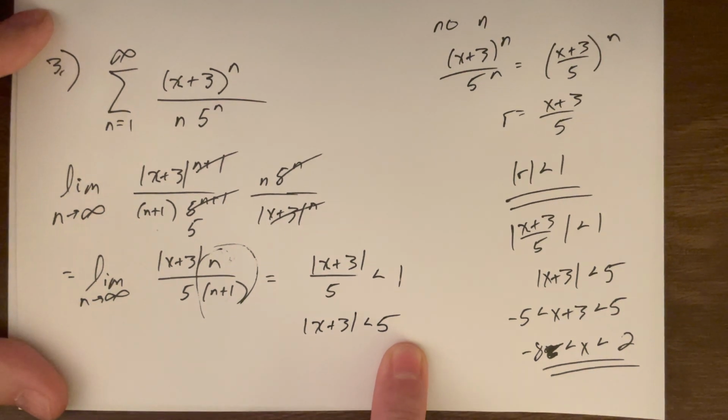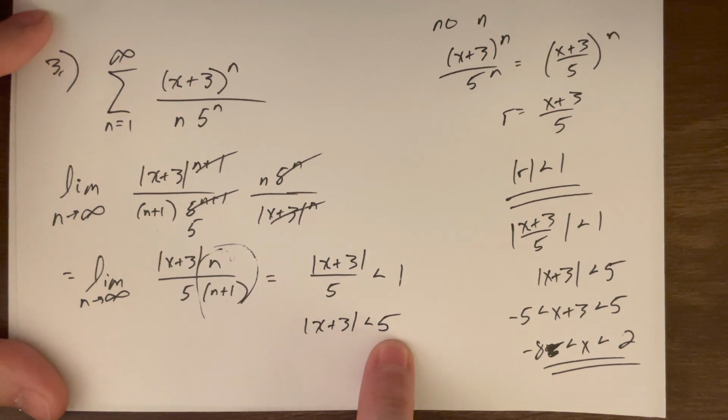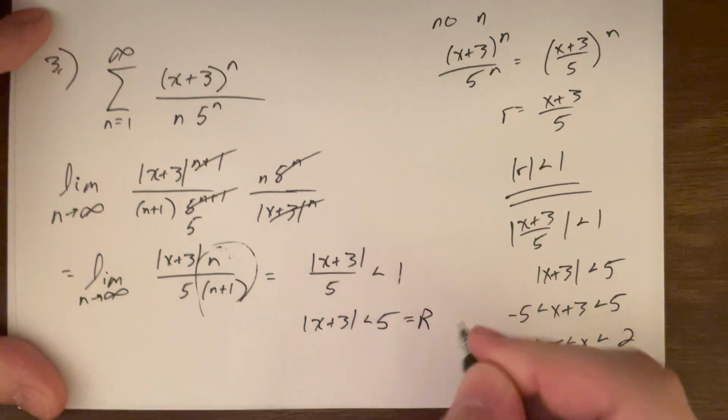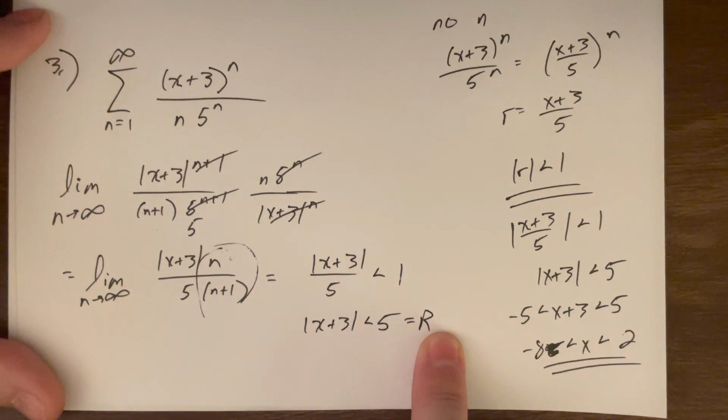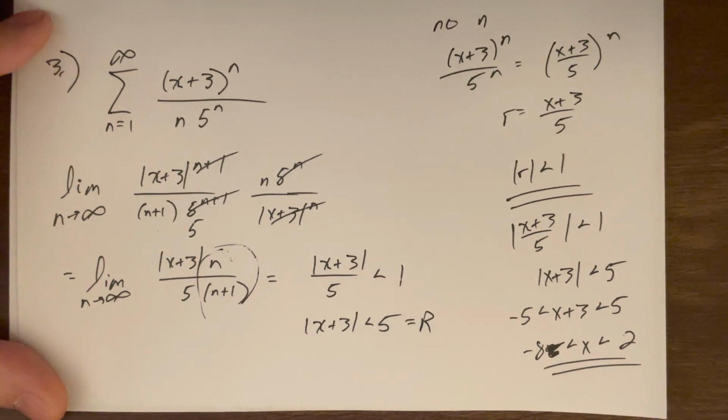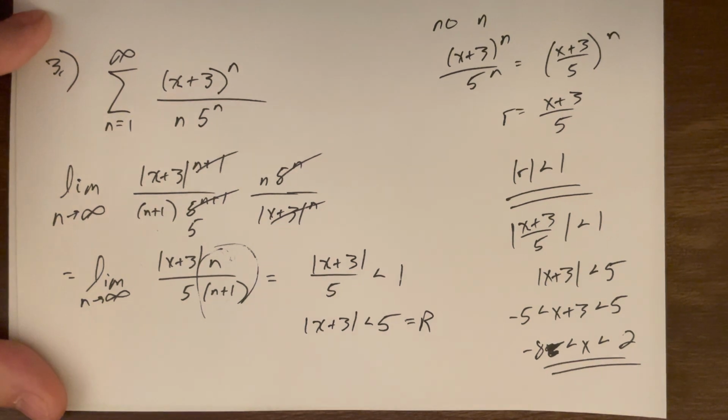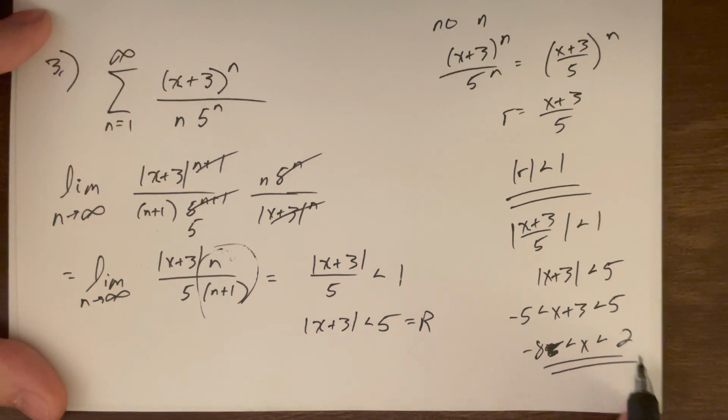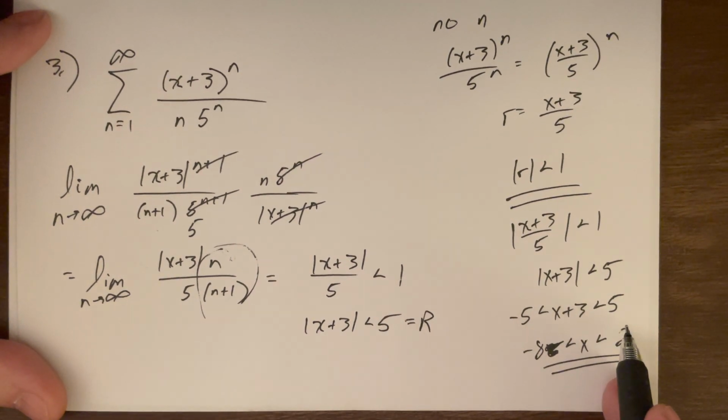Now I have it set up. The absolute value of x minus a is less than r. The 5 would be your radius of convergence. -3 is the center. You can think about going 5 units away from -3, and you would get this interval. Or you could, again, solve the inequality.